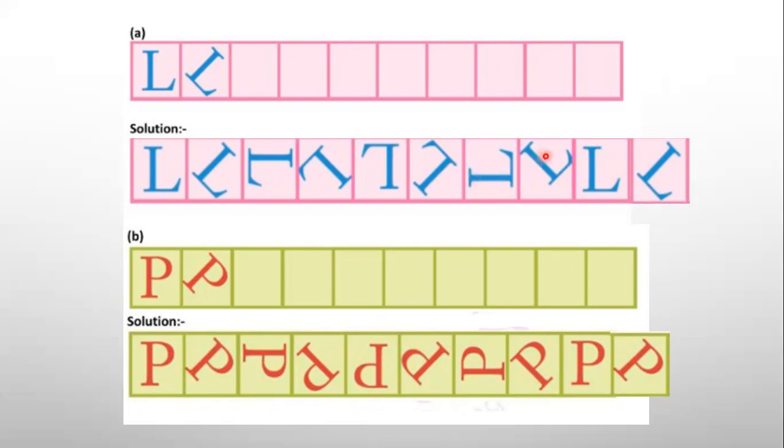Again the next turn of 45, and in the 8th turn, see here, it's the original figure, no? 1, 2, 3, 4, 5, 6, 7, and 8th turn of 45-degree, the object will be looking the same.